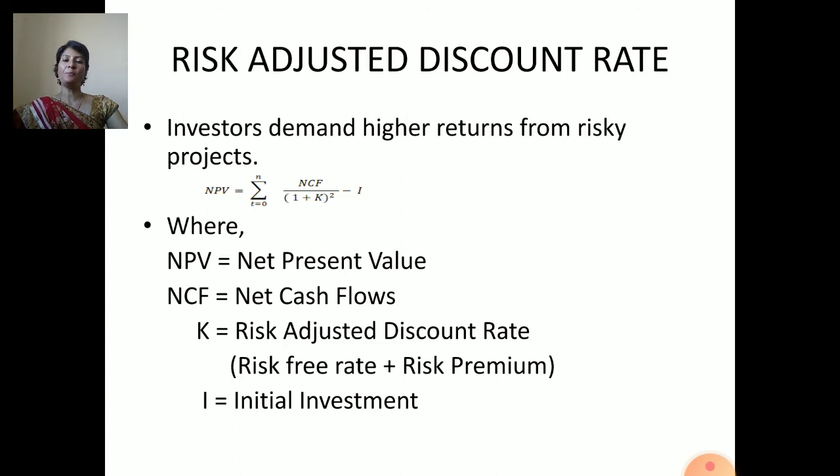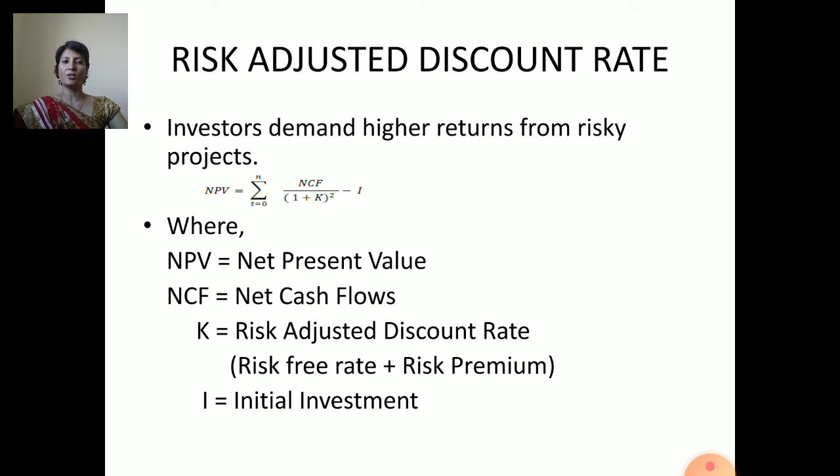The next important technique of risk analysis used for investment decision under uncertainty is risk adjusted discount rate. In short, it is called the RADR technique. This method calls for adjusting the discount rate to reflect the degree of the risk of the project.